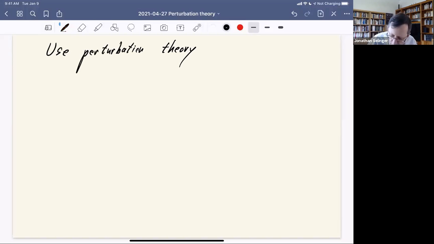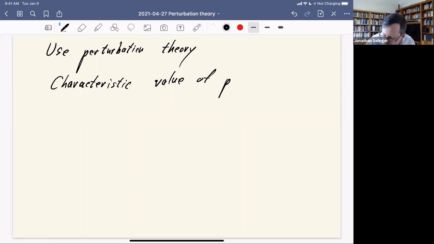There is a characteristic small number, a characteristic value of that perturbation, which is conventionally called alpha, and it's defined as e squared, the electron charge squared, divided by 4 pi epsilon naught h bar c.